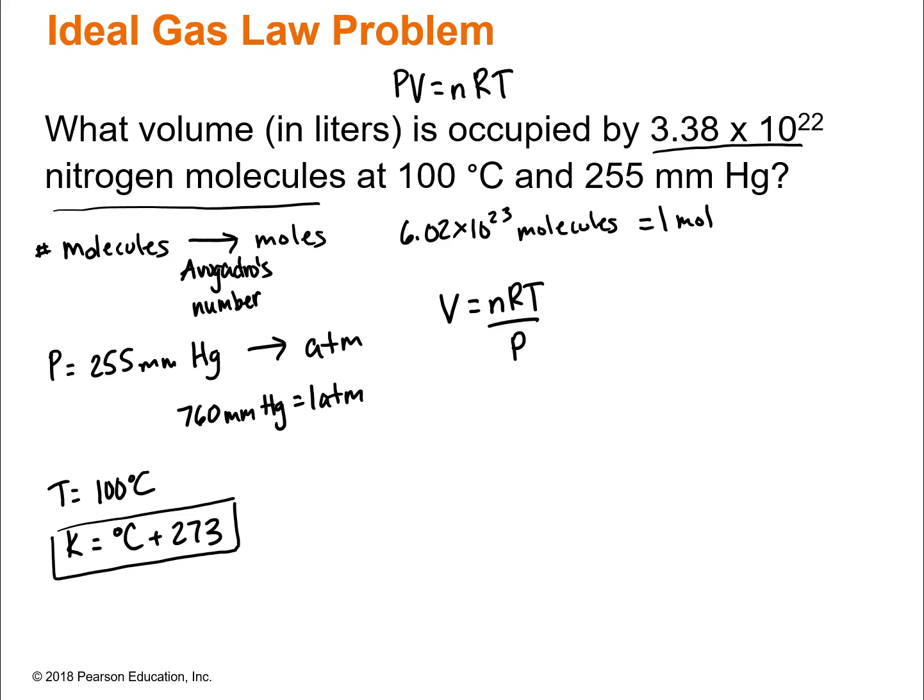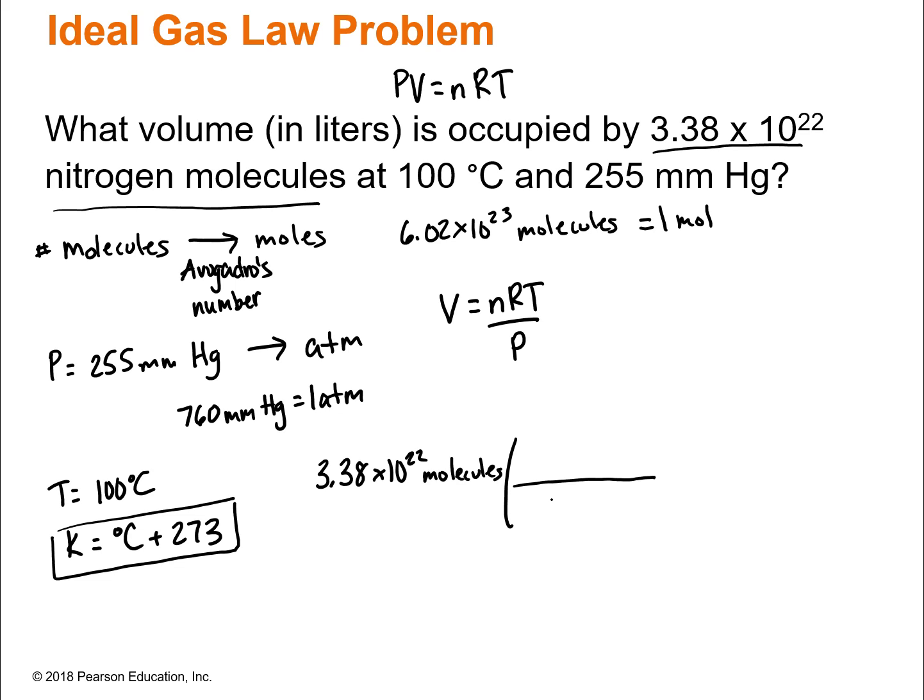Now let's go through and do all these calculations that I gave hints for. For your N, the number of moles, we have to take that 3.38 times 10 to the 22nd molecules and use a unit factor using Avogadro's number.